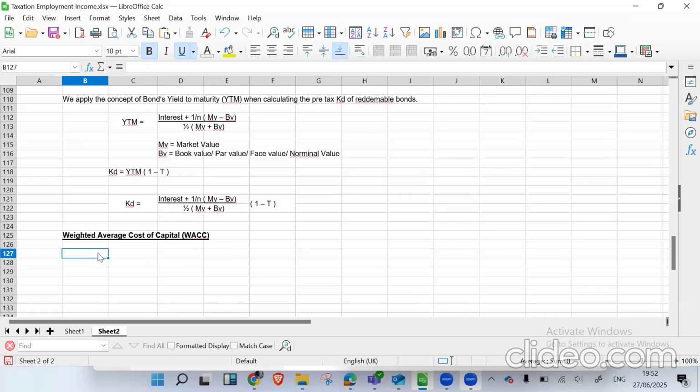Weighted average cost of capital, that is WSEC. Then you can say it is a combined cost of existing funds.